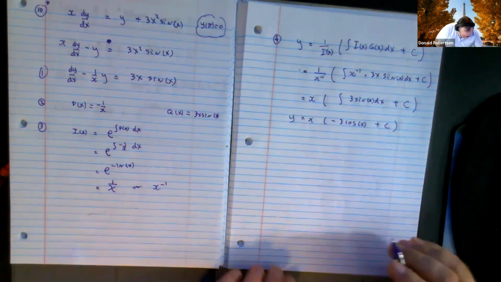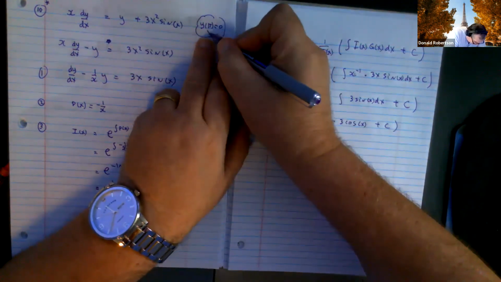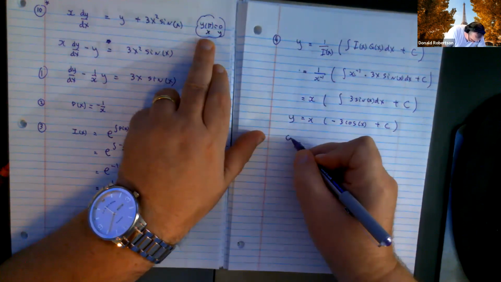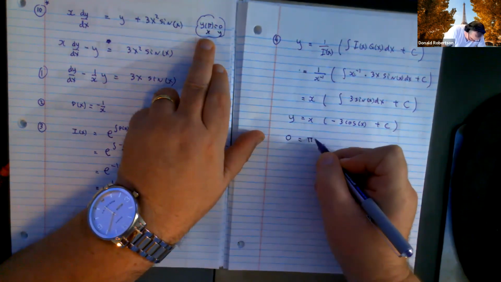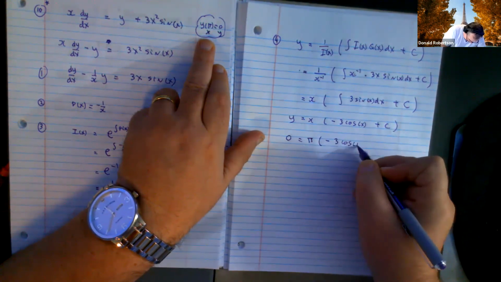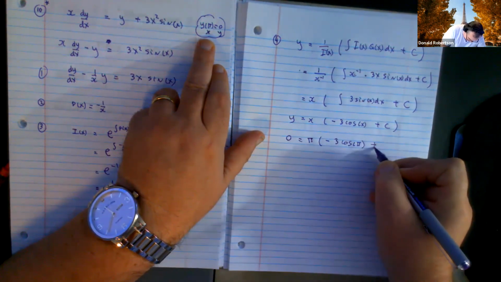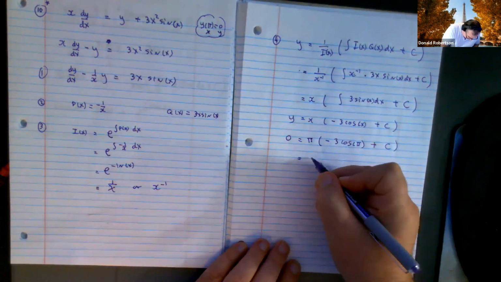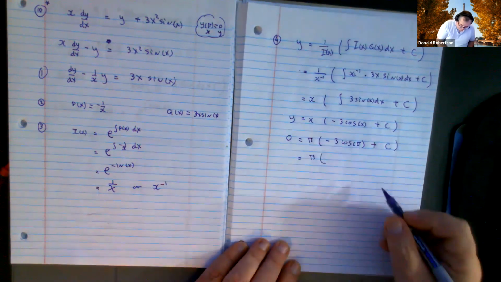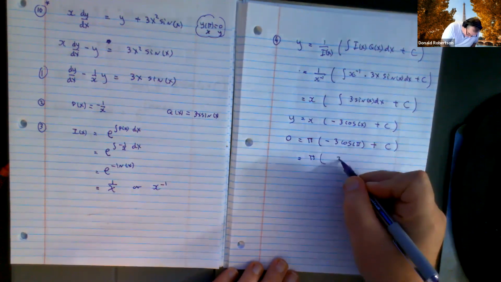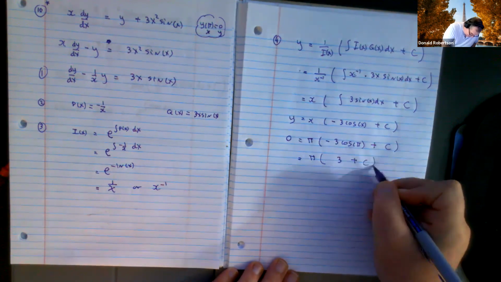And now we have a boundary condition, which says that when x is pi, y is 0. So it's going to be pi negative 3 times the cosine of pi add c. And the cosine of pi, I believe, is negative 1. So that gets you 3 plus c.